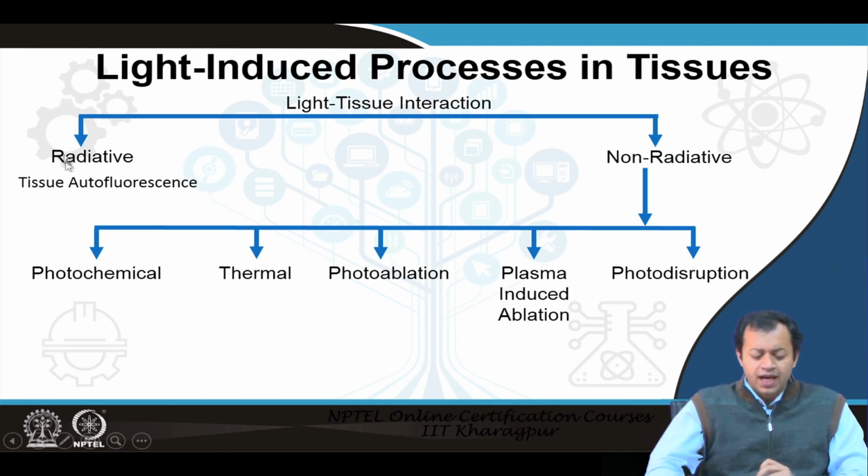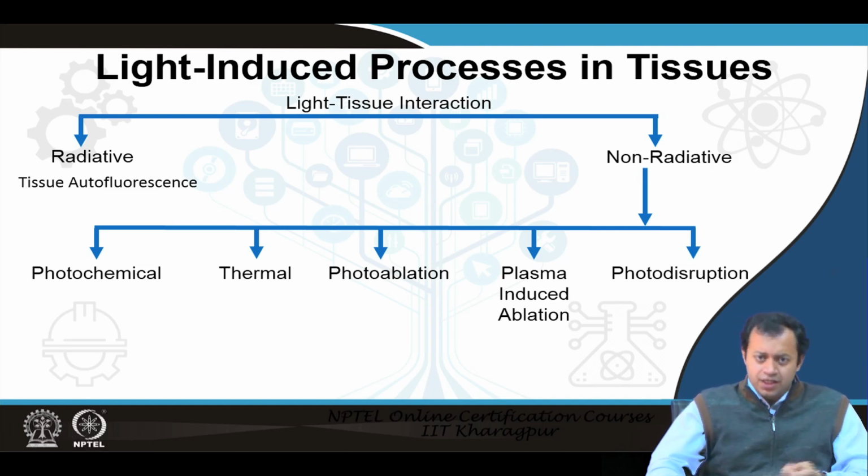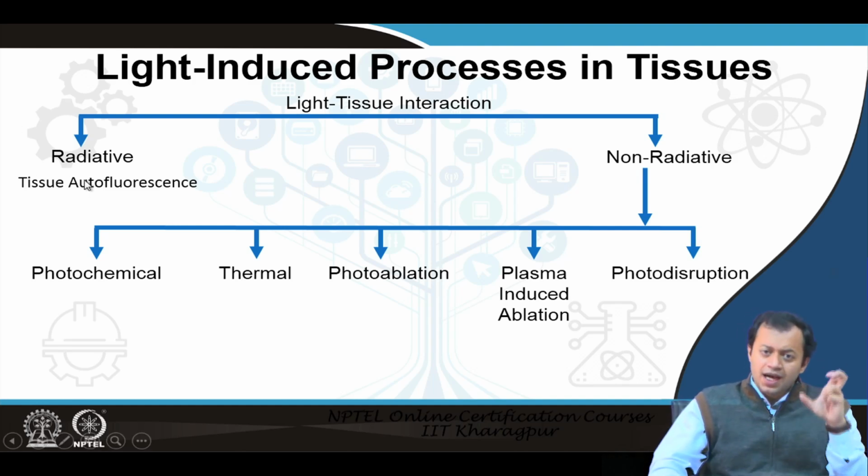But then there are certain endogenous, native materials present inside a tissue that, when hit by visible light, i.e. when you are looking at them using a visible stereo zoom microscope, start to fluoresce.